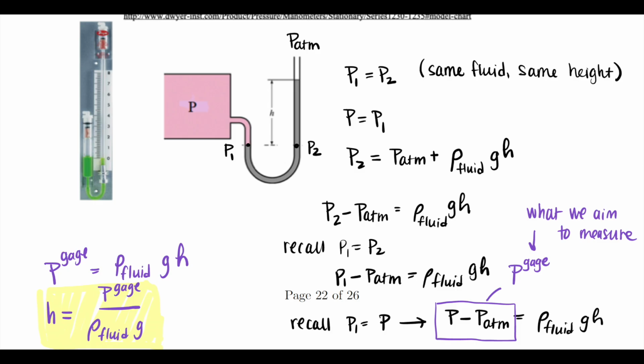And then P2 is equal to, we're going to assume this is atmospheric pressure up top. We have P atmosphere plus rho of our fluid, GH. So P2 minus P atmosphere is equal to rho of that fluid that we choose times GH.